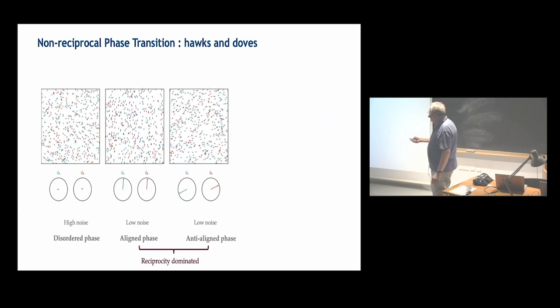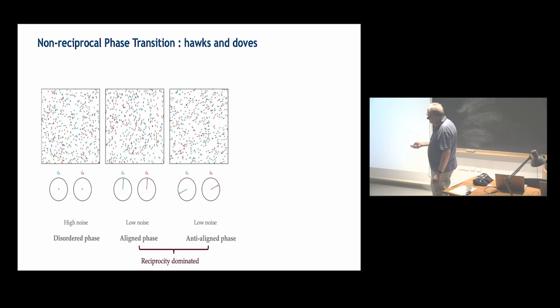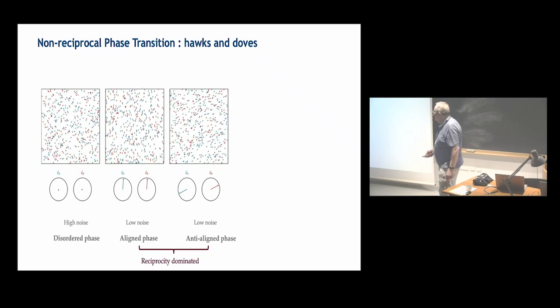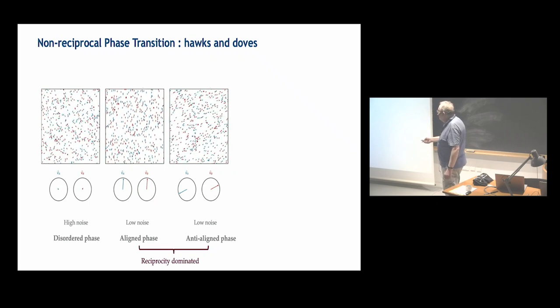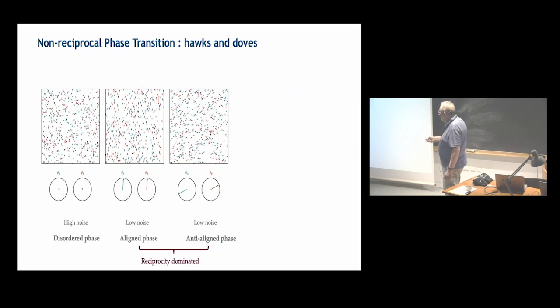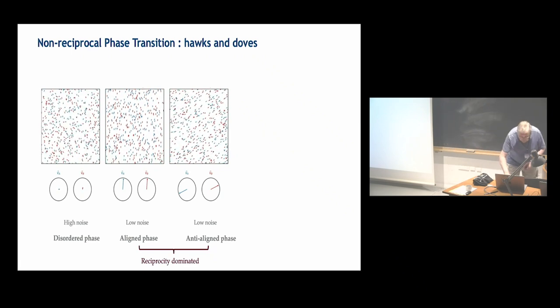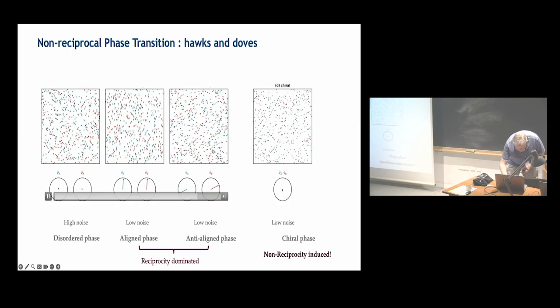If you have a situation where the noise is big enough, nothing much happens, they fly around at random, here are their average velocities. If one interaction wins, they all fly together. If another interaction wins, they all fly opposite to each other. And then, again, in the model, you can tune parameters in between.